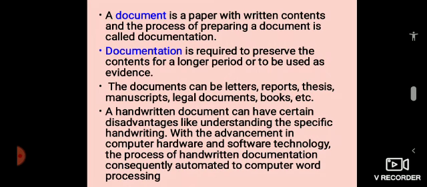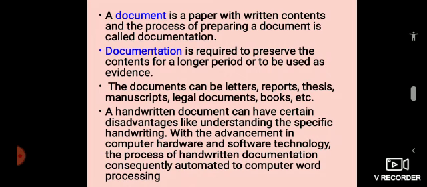A handwritten document can have certain disadvantages, like understanding the specific handwriting. Some people's handwriting may be good for others to understand, and some people's handwriting will not be that good. Somebody may have poor handwriting, so that other people who want to refer to the document will be unable to view the content properly or understand it properly.